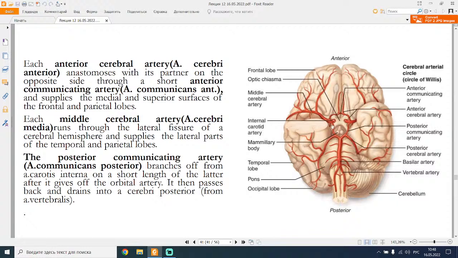What you see, the internal carotid artery, is pars cerebralis. Pars cerebralis branches: anterior cerebral artery, middle cerebral artery.